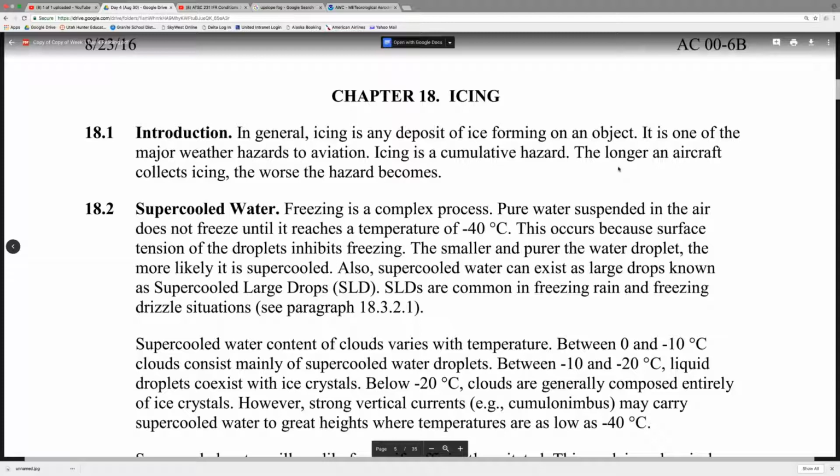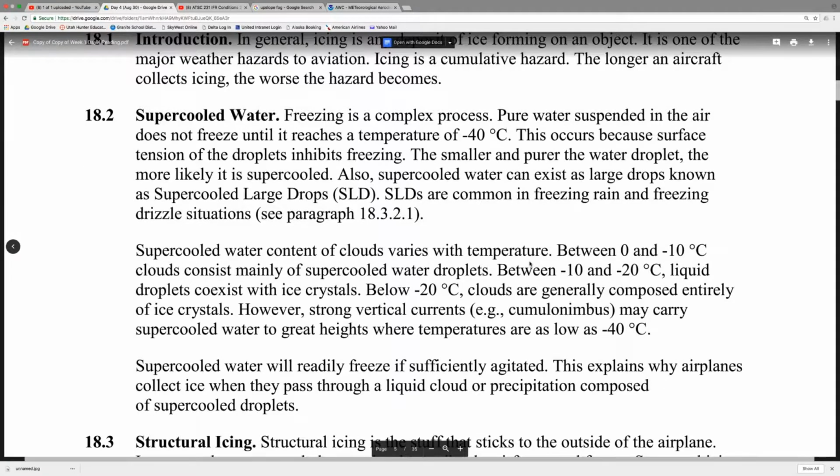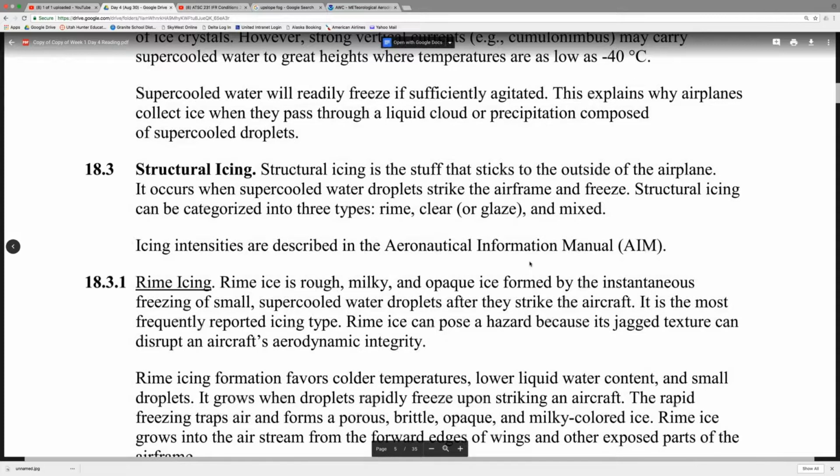That's super cooled water, right? So structural icing happens when the plane hits those super cooled droplets and boom, ice.